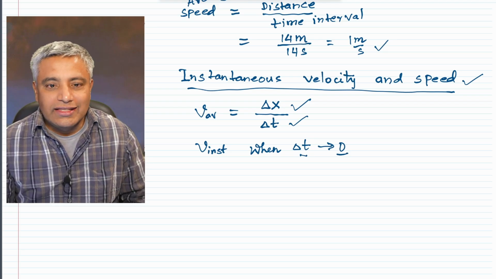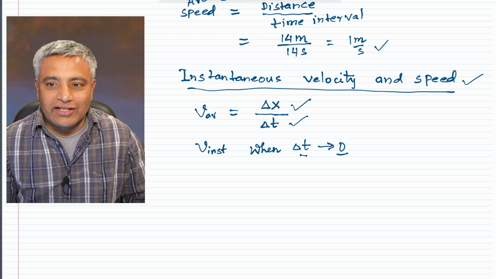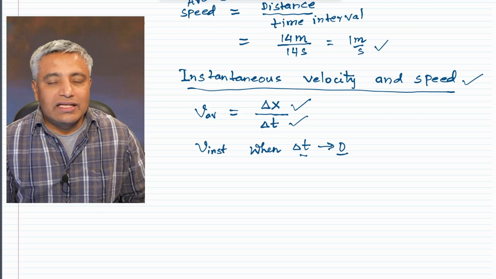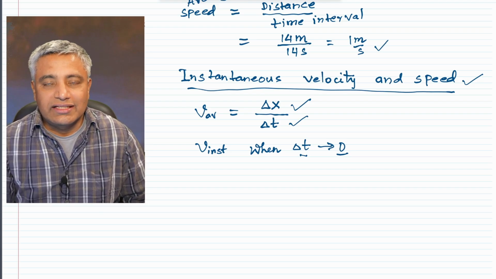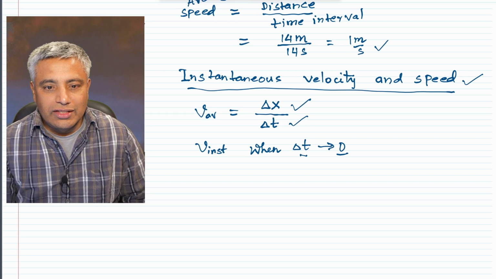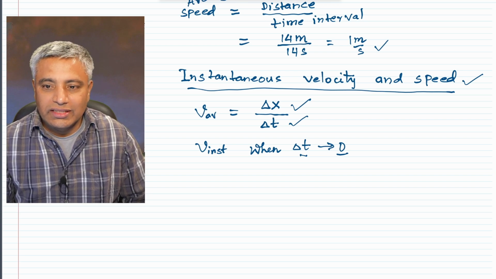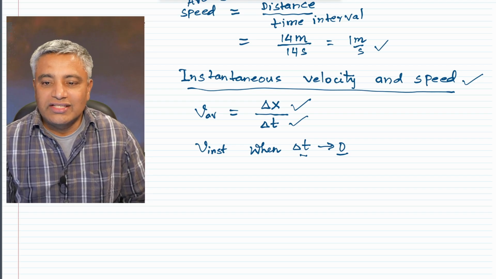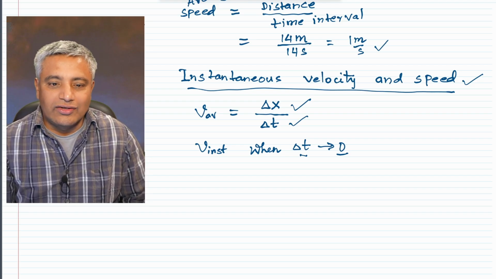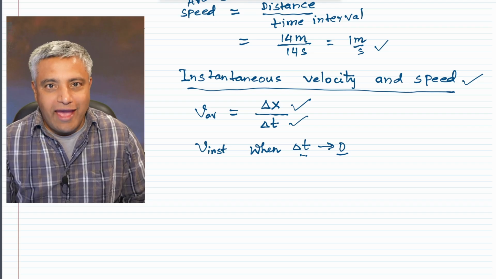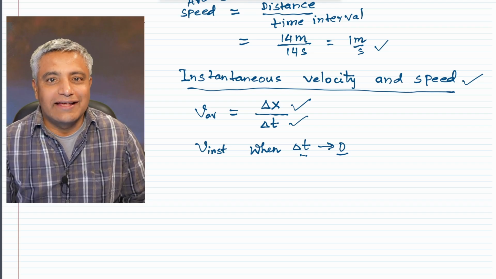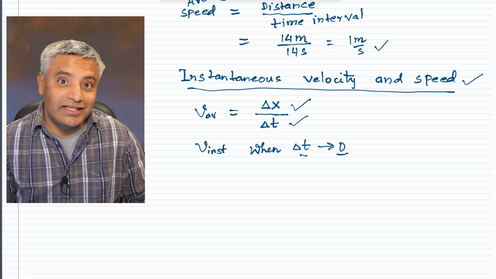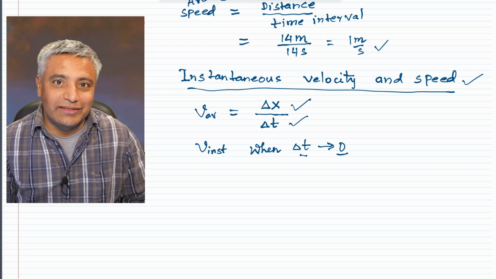So that is the instantaneous velocity. A familiar example is a car's speedometer. The number you see is both the speed and the magnitude of velocity at that instant. So the instantaneous speed and the instantaneous velocity always have the same value, unlike average velocity versus average speed. So there is that difference. Just keep that in mind.